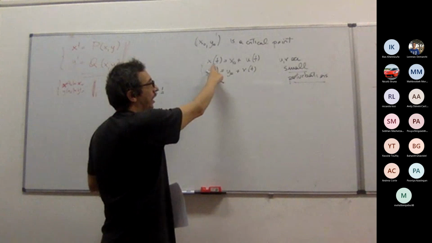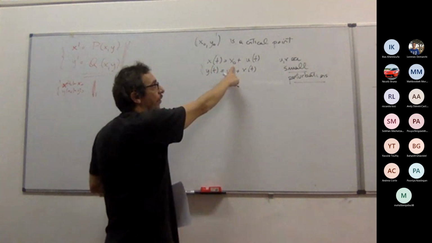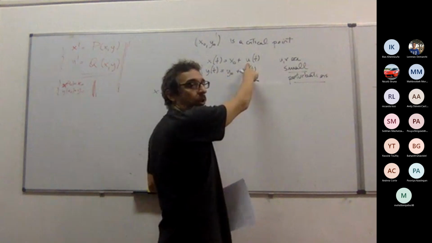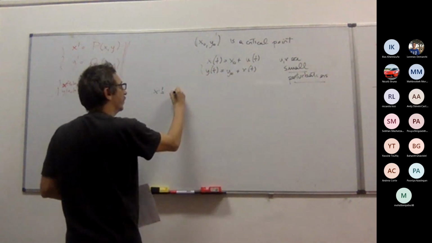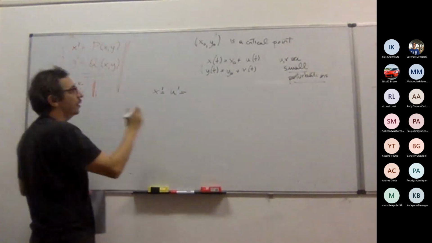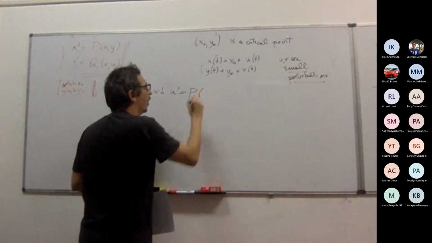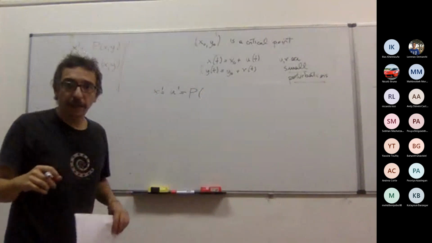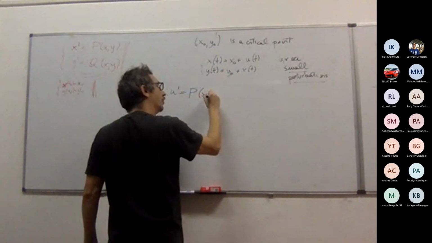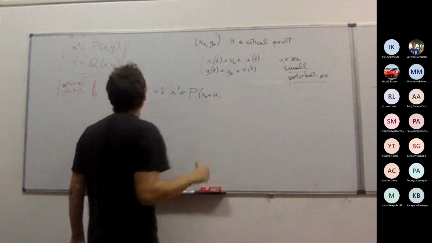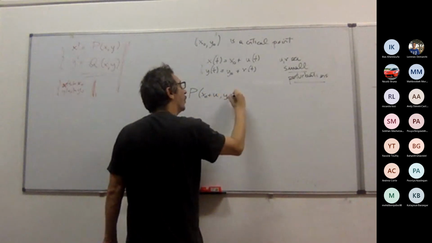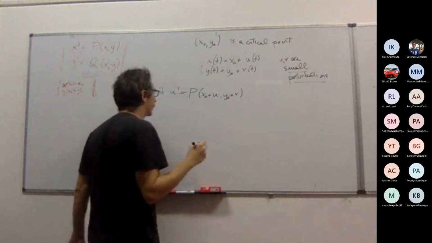It is the derivative with respect to t of x naught, which is 0, plus the derivative of u, which is u prime. u prime is equal to P of x and y, where x is x naught plus u, and y is y naught plus v.